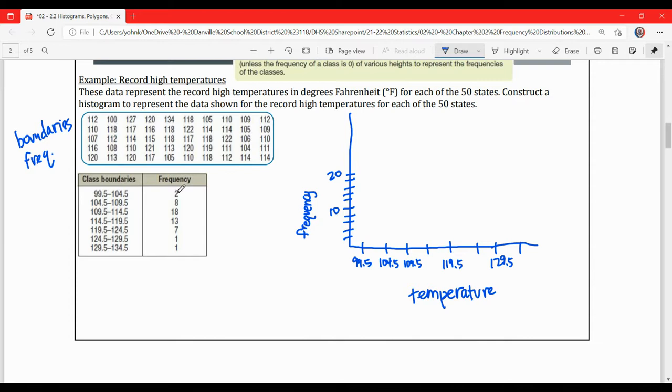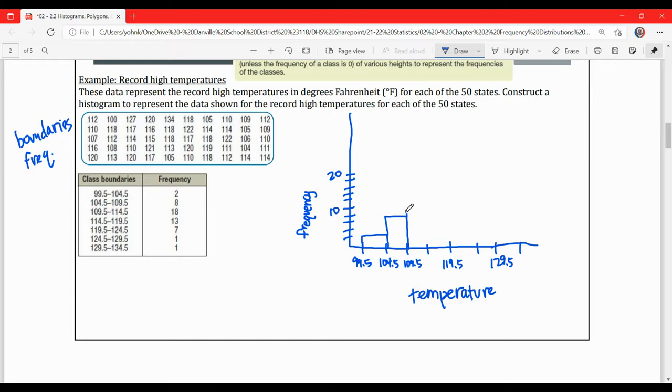Okay, so our first one is a height of 2. So I'm going to go up and over. And then the next one is 8. So you basically want to try to get the bars as even as possible.